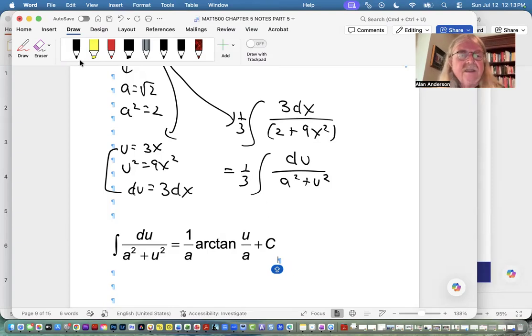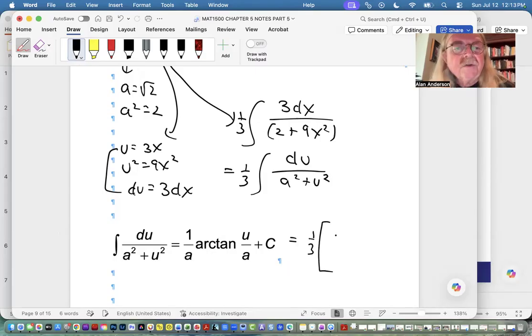So that means we have, so we chose A to be radical 2. U is 3x. A is radical 2.